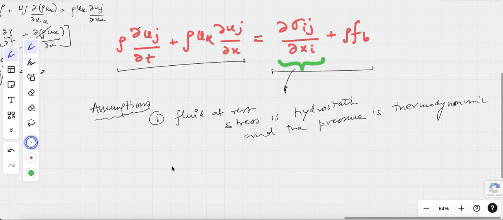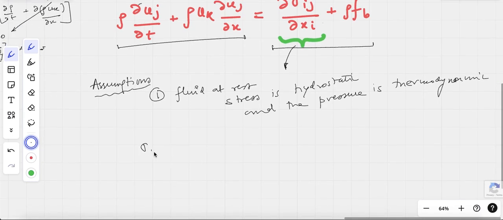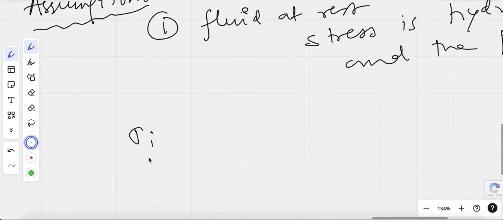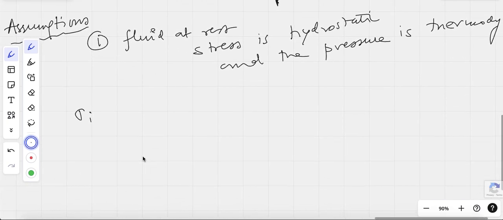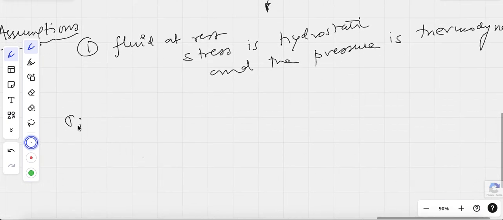From this assumption, we can write that sigma ij is equal to minus p delta ij plus tau ij. I'll tell you what delta ij is. Delta ij is known as Kronecker's delta.